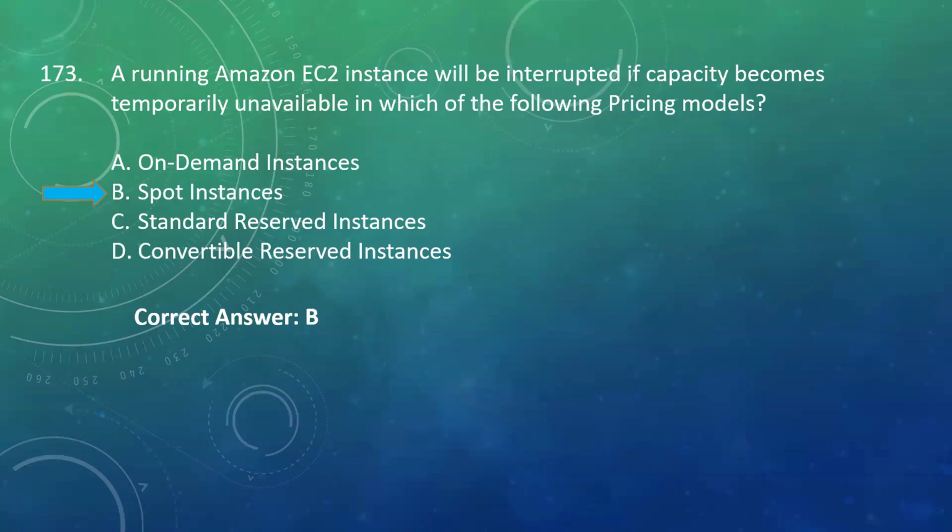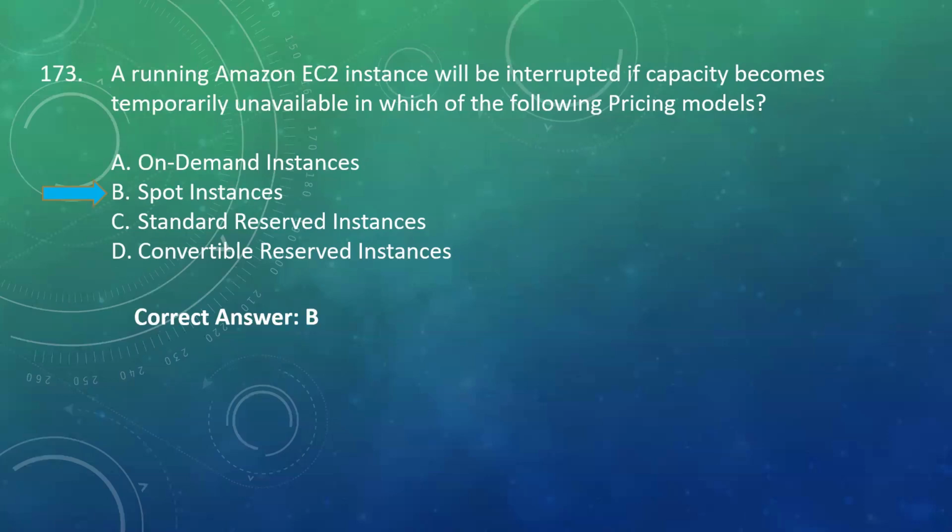However, because spot instances are based on unused capacity, there might be situations where the capacity becomes temporarily unavailable due to increased demand from other users or the need for AWS to reclaim the capacity. In such cases, AWS may terminate spot instances with a 2-minute warning, allowing you to gracefully handle the interruption and save your work.